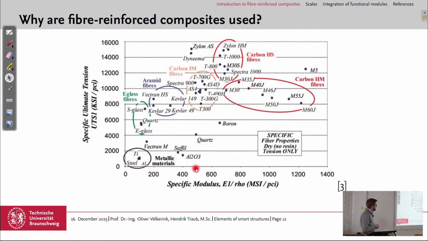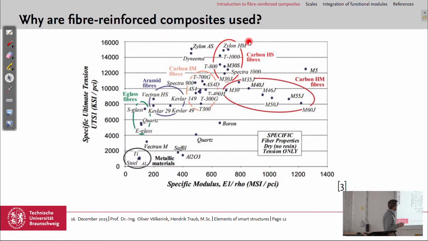This is a similar diagram, but now the axes are exchanged. So we have here the specific modulus, modulus divided by the density, and here's the specific strength. And here you can see that metal materials have nearly the same specific properties, steel compared to aluminum compared to titanium.